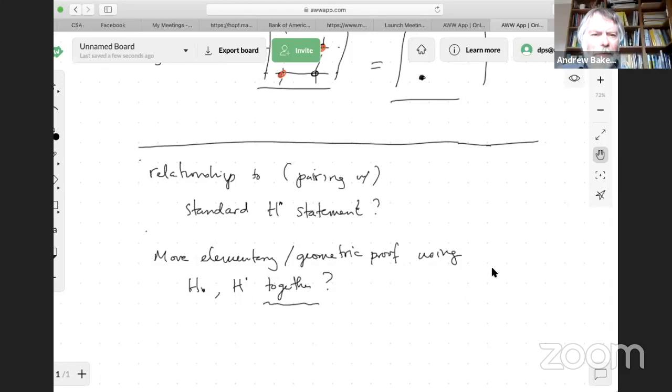Can I make a couple of comments on what you said? I think it's very interesting. My personal feeling is that there are two issues lurking around here. One is that, as far as I'm aware, nobody has ever really thought about the kind of questions you're saying from the point of view of E-infinity ring spectra.